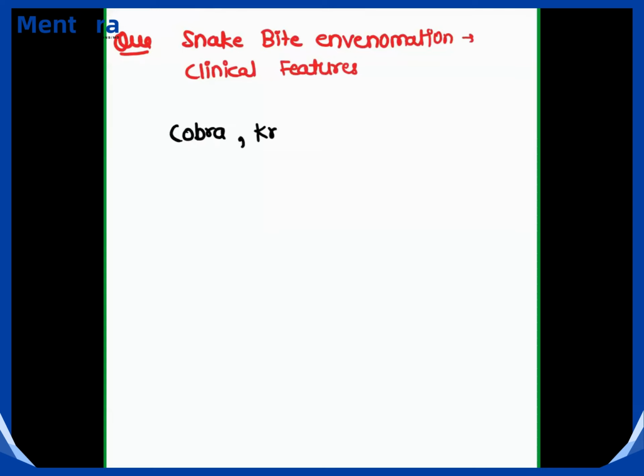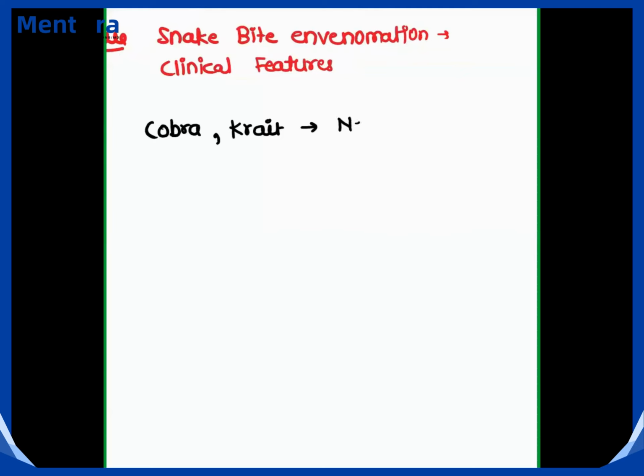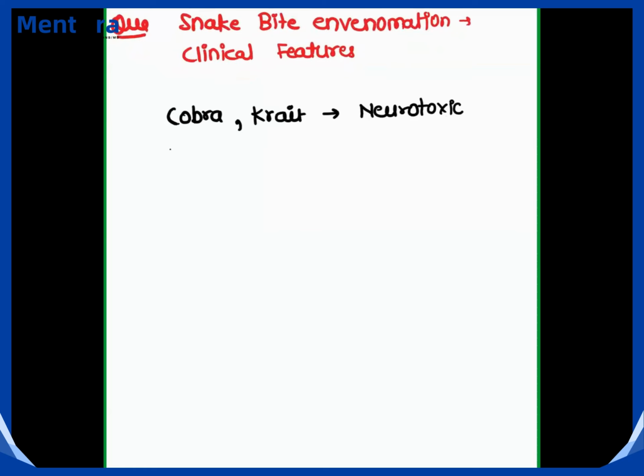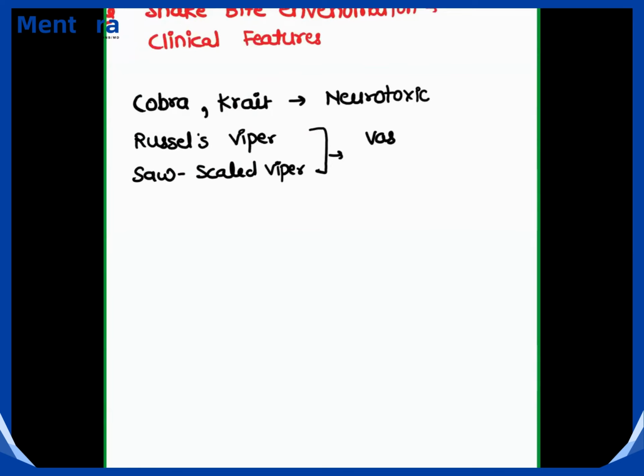Cobra and krait, this is neurotoxic. Russell's viper and saw-scaled viper, they are vasculotoxic or hematotoxic.